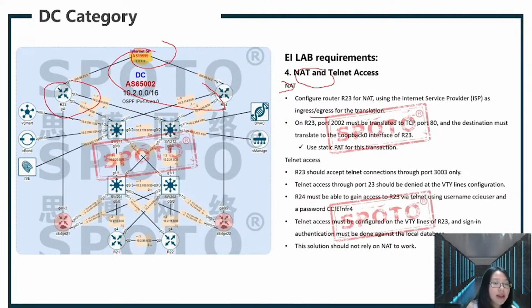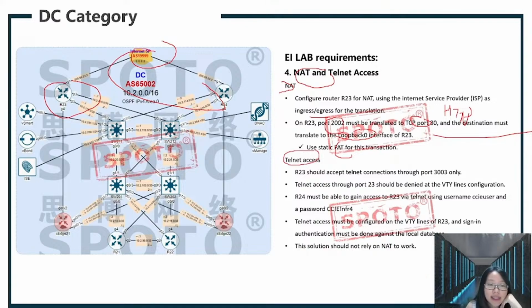Router 23 port 2002 must be translated to TCP port 80, HTTP. Okay, and the destination must translate through the loopback 0 interface of router 23. Use static PAT for this translation.